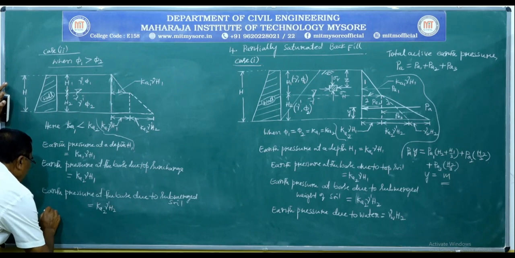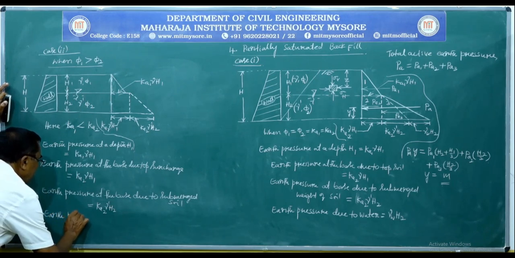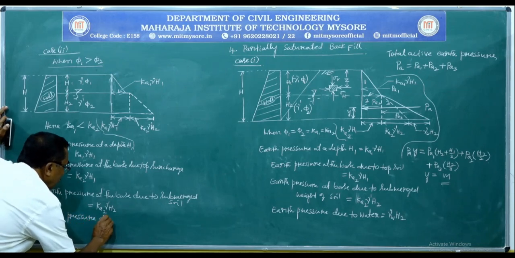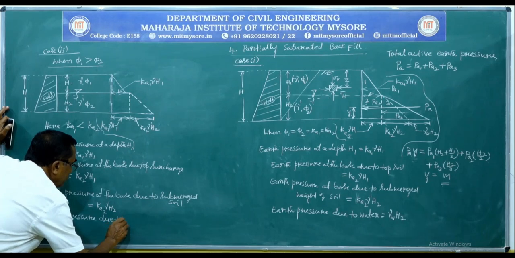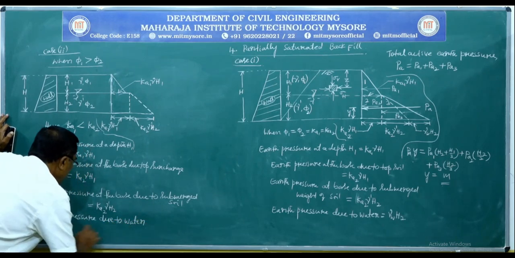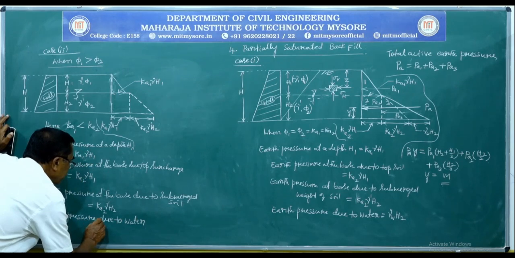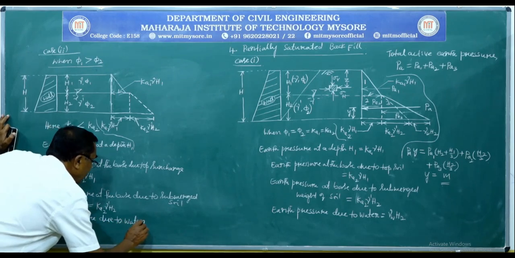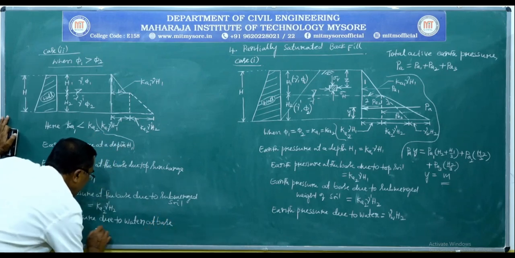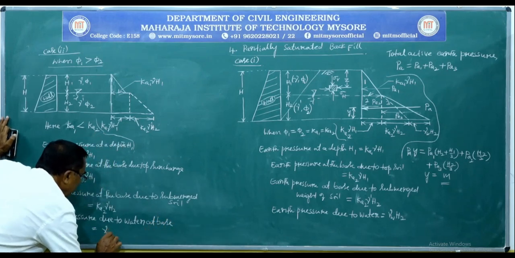Lastly, earth pressure due to water, again at the base. Pressure at base is equal to gamma W into H2.